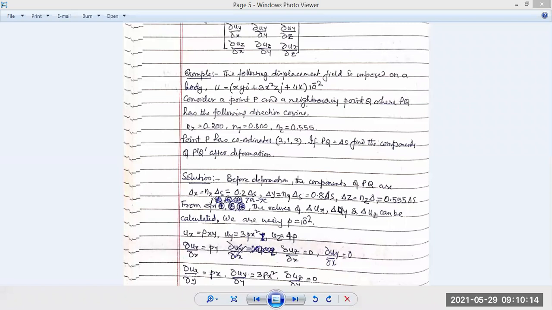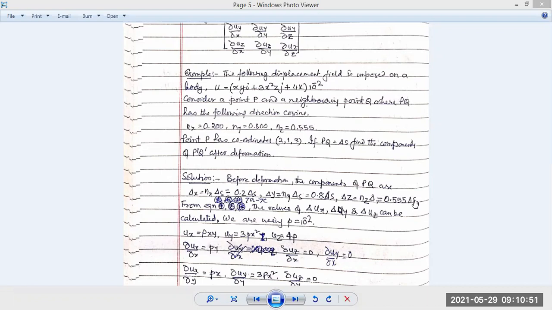So delta x, the change in coordinates along x, is the direction cosine multiplied by delta s, which is 0.2 delta s. Similarly, delta y is the direction cosine multiplied by the length of PQ, the change in coordinates along the y direction, which is 0.8 delta s. Delta z is equal to nz into delta s, which is equal to 0.555 delta s.